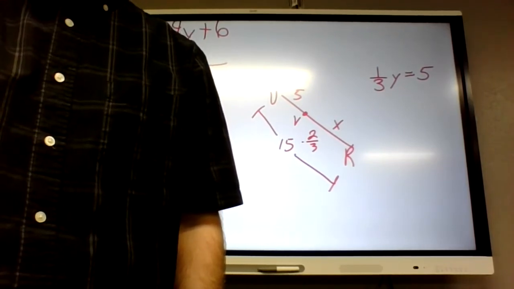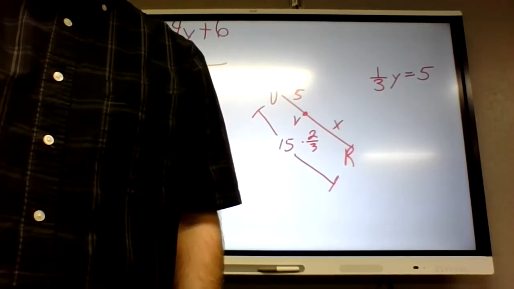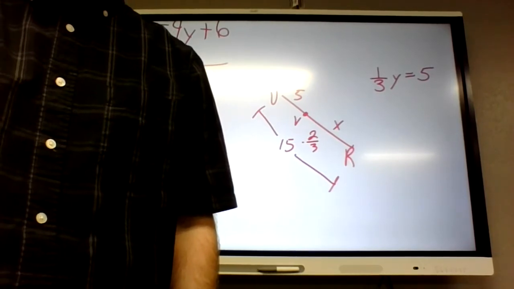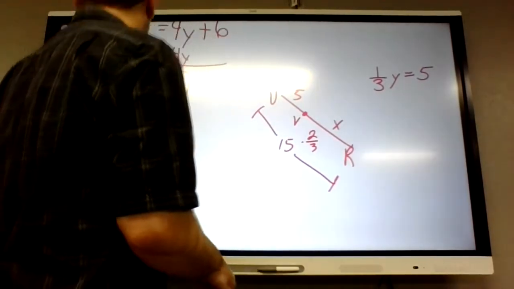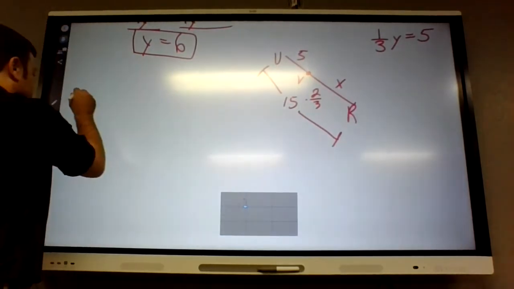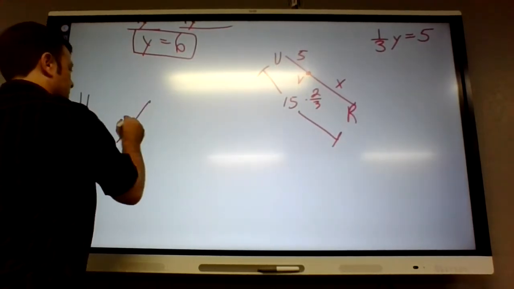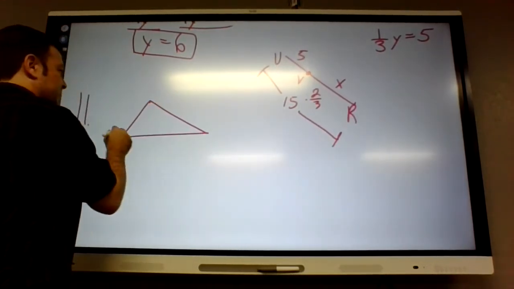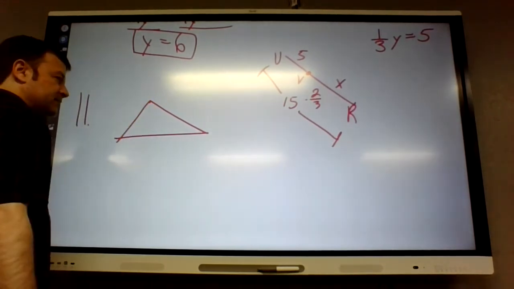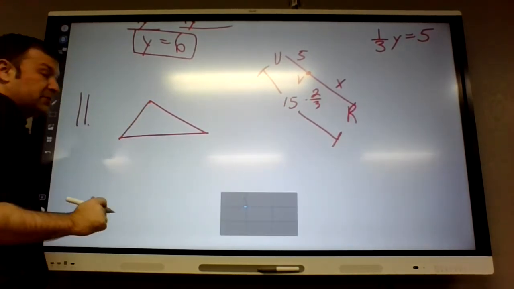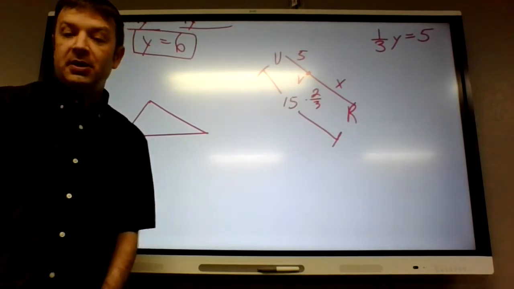It is scalene, but what else is it? What's this angle up top? Obtuse. Yeah, the top angle is actually obtuse, so it's an obtuse triangle.